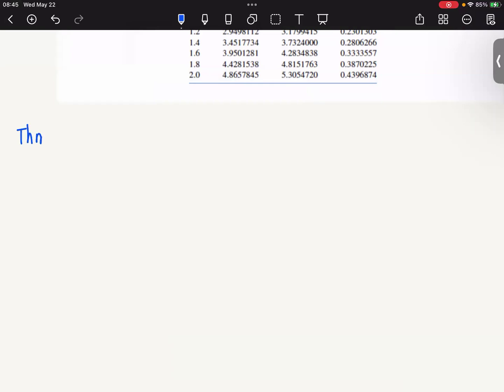We are not taking the time to prove this theorem. This is Theorem 5.9, and we have several assumptions here. First, we need the well-posedness of the problem, so we have f is continuous and also Lipschitz continuous.